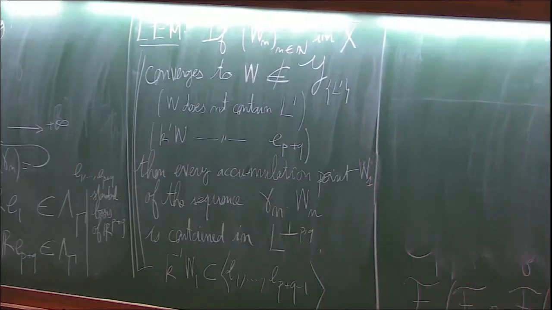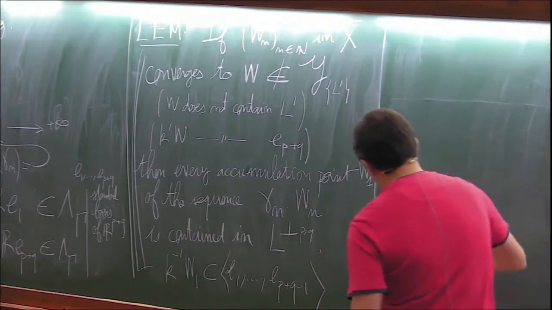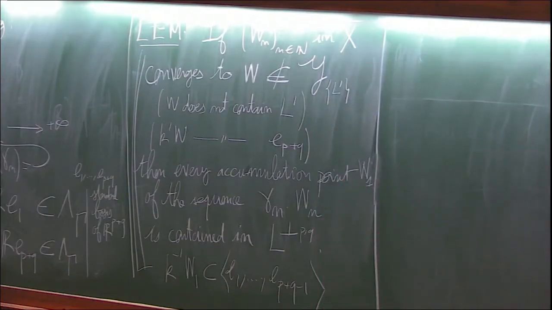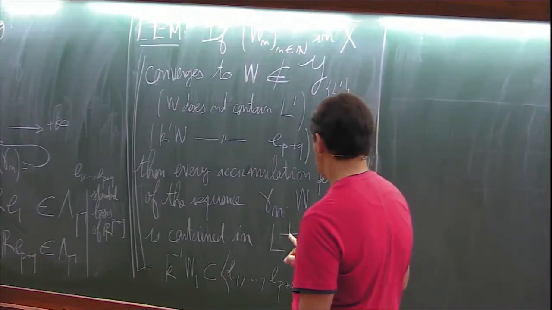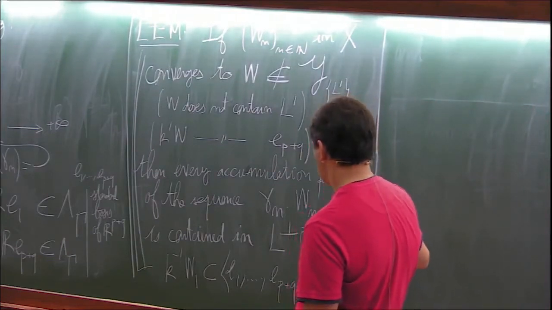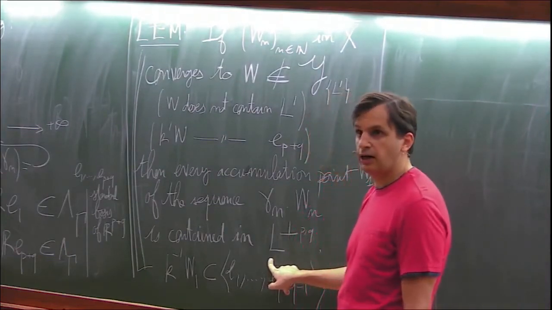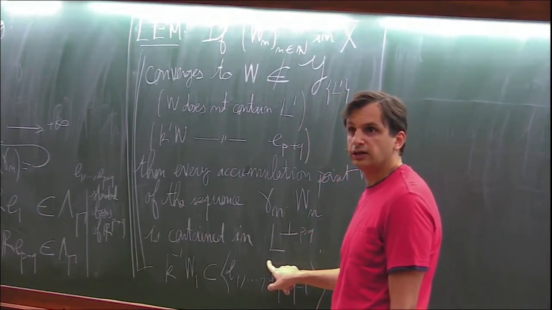So we are not quite there because we wanted, in fact, that this W1 contains L and not to be contained in its orthogonal.